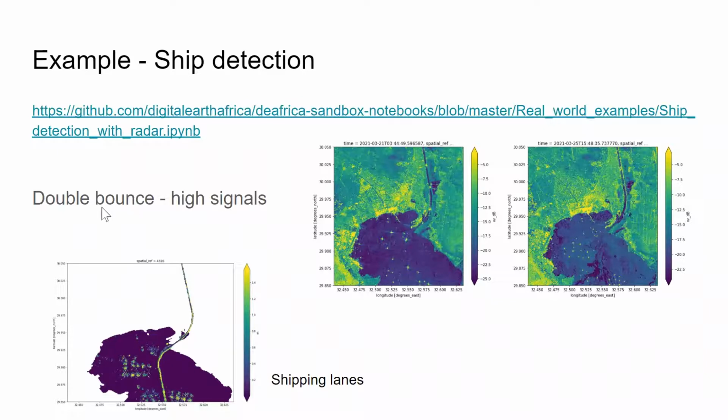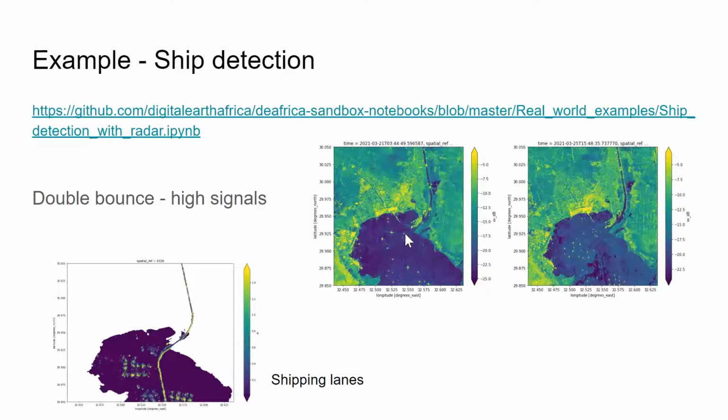If you think back on what we've just talked about, this is because these big ships have rigid structure, and they have containers on top, they have structures, so that gives you all those right angles, and then leads to high backscatter signals. And if you zoom in, it's not just one dot, it can be multiple dots, because there are so many structures on board these ships.